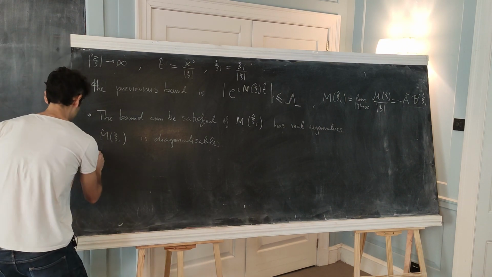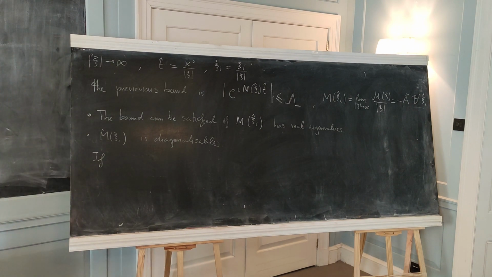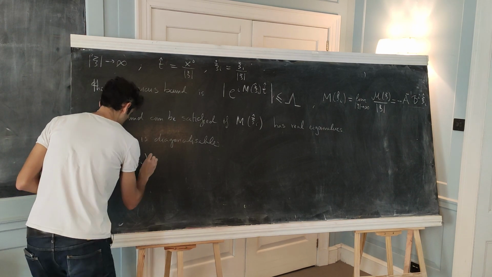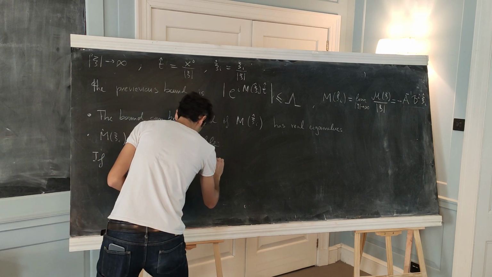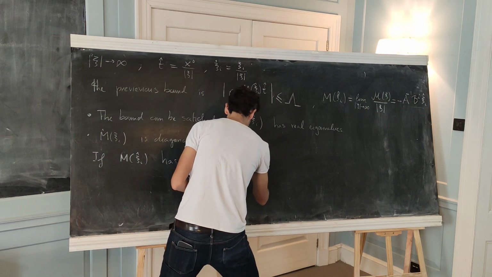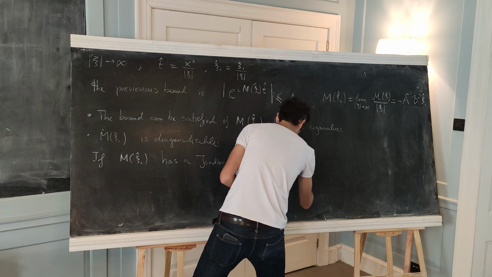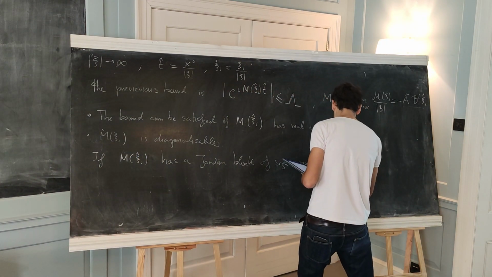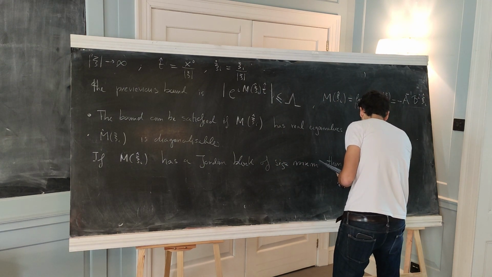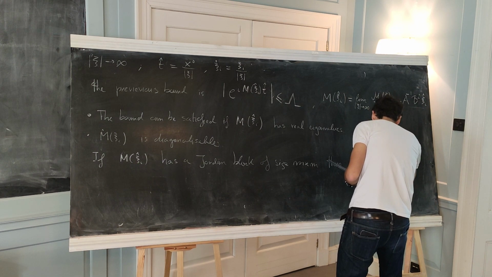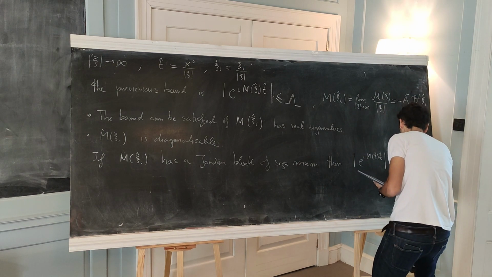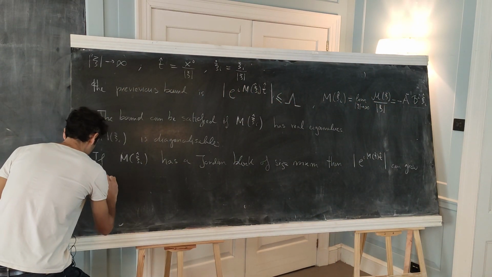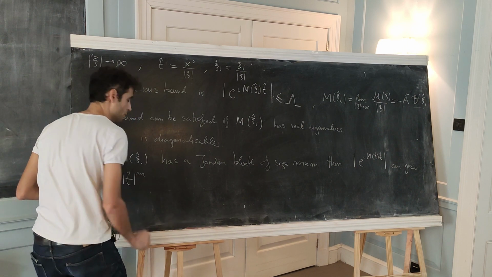If M is not diagonalizable, but it has a Jordan block of size m times m, then one can show that this can grow like a polynomial.